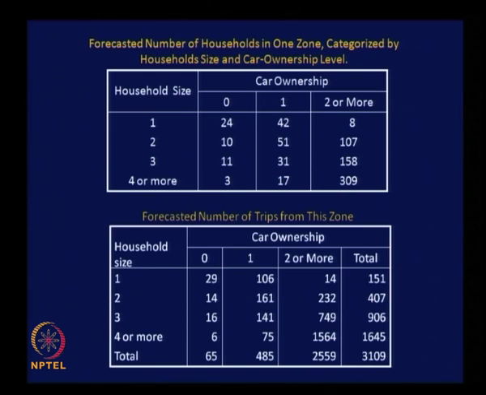Fine, and we have been discussing different factors that influence trip production, starting from household size, household income, household vehicle ownership and so on. Let us look at some real life situation data pertaining to these factors that we have been discussing so far.